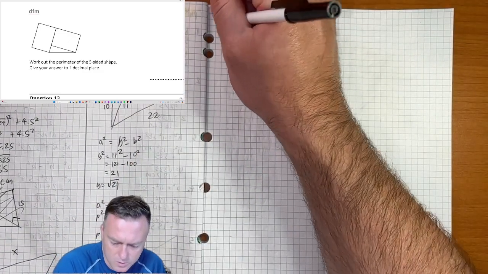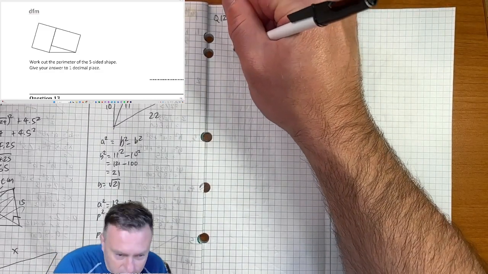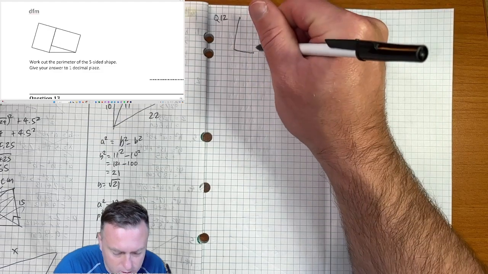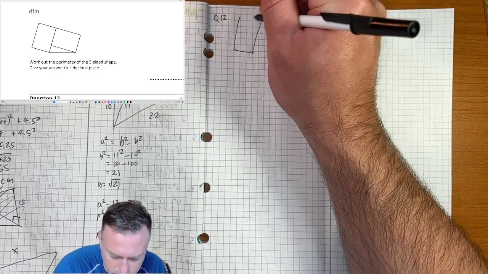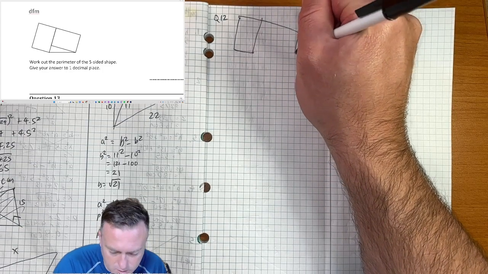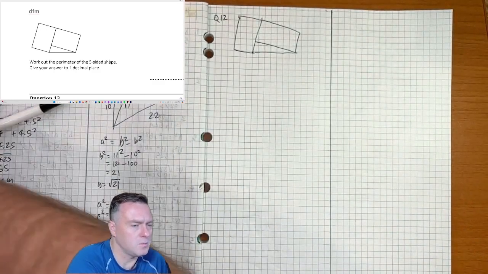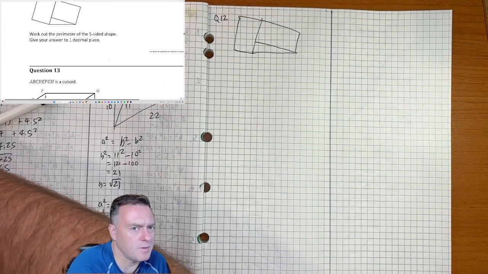This is question 12. I'm just going to freehand draw it. So there, and then straight up. And that goes across, and then down and across. And the measurements were 5 by 7.